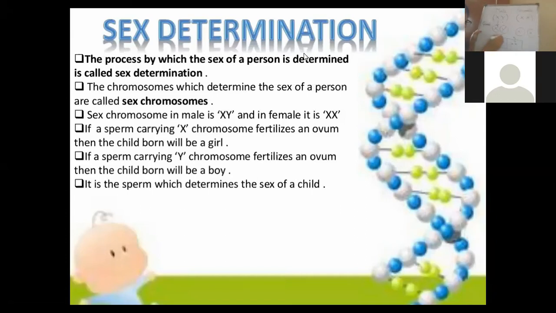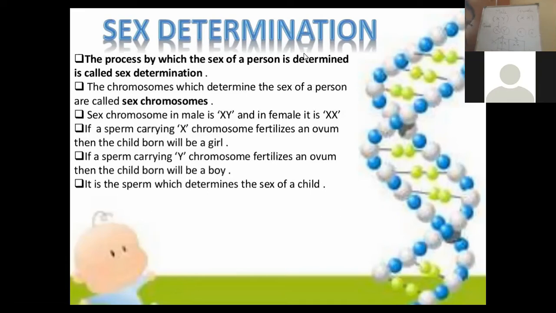But if this Y crosses with this X, the resultant progeny will be male because it is heteromorphic. So wherever there is the heteromorphic sex chromosome pair, it will be male, and wherever it is homomorphic, it will be female.